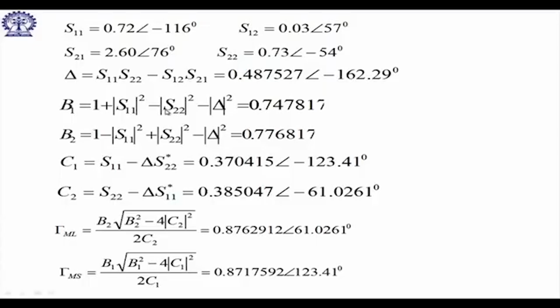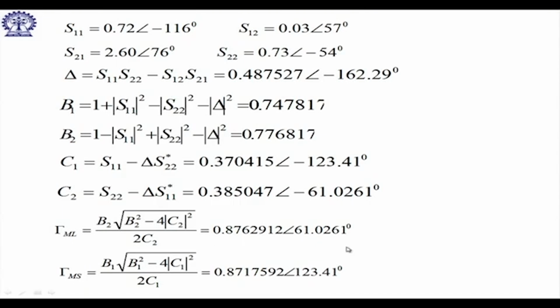Now, see in the presentation that B1 will turn out to be this, B2 is this, C1 is this, C2 is this. Remember B's are real values, C's are complex quantities. Here we are calling gamma L with a subscript m because we are doing conjugate matching.